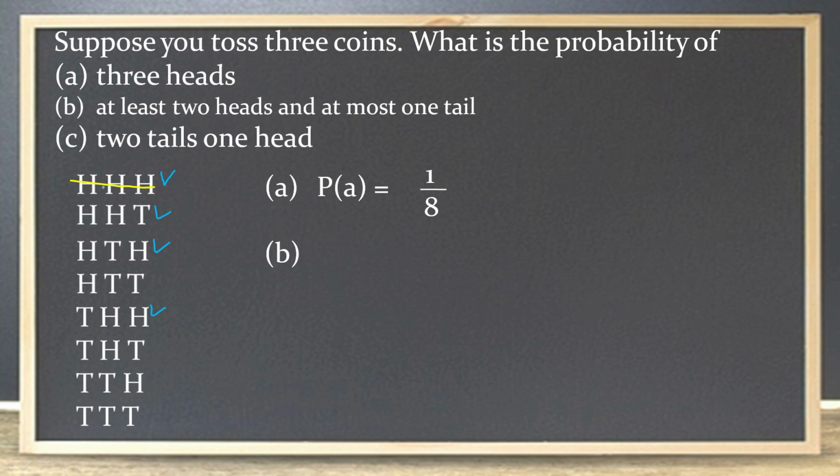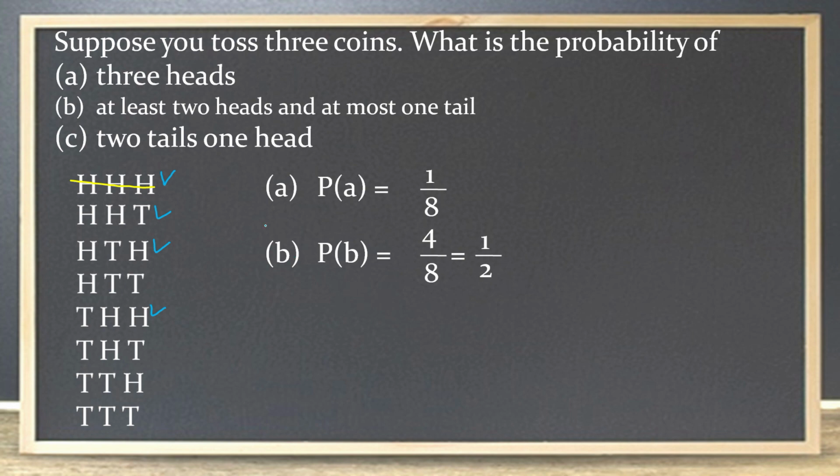At least 2 heads means 3 heads also forms part of that set, and at most 1 tail means whether you have a tail or not, but you cannot have more than 1 tail. So those are the 4 possible ways that we can have at least 2 heads and at most 1 tail appearing. So the total number of ways this event can occur is 4. The probability of B, meaning at least 2 heads and at most 1 tail, is equal to 4 divided by 8, which is equal to 1 over 2.